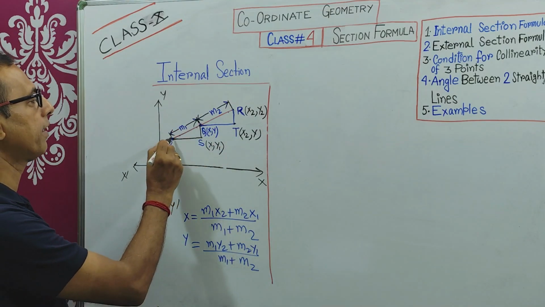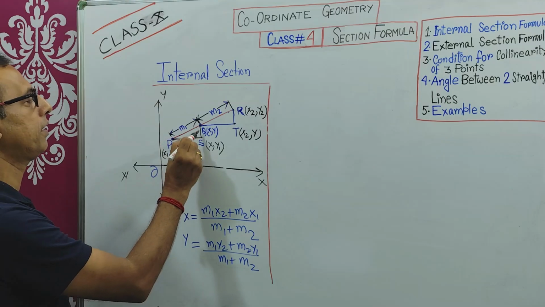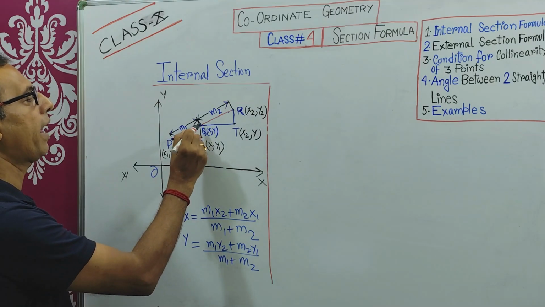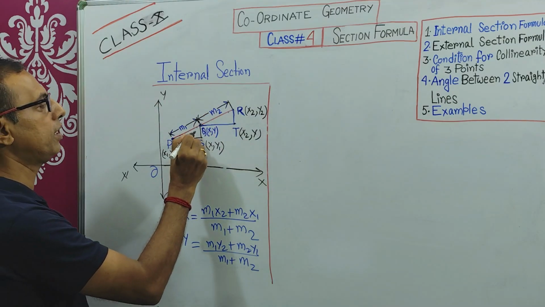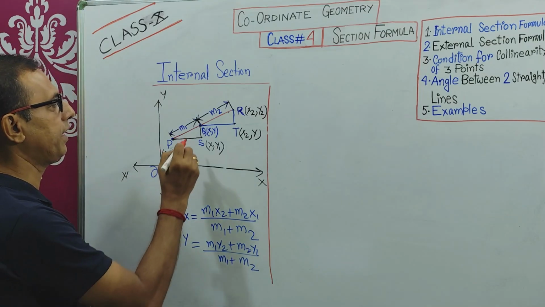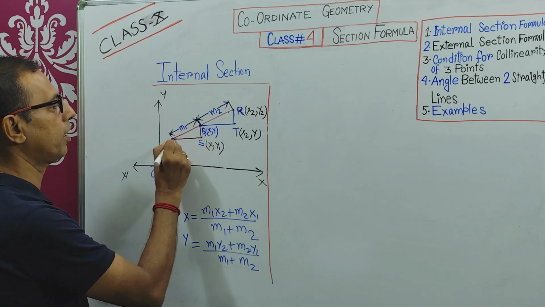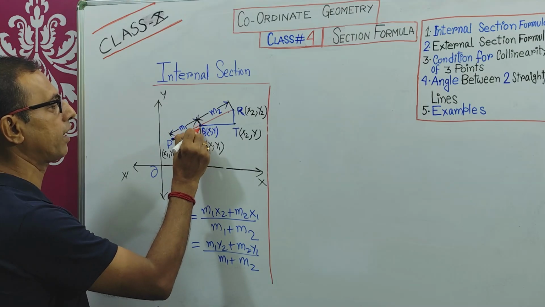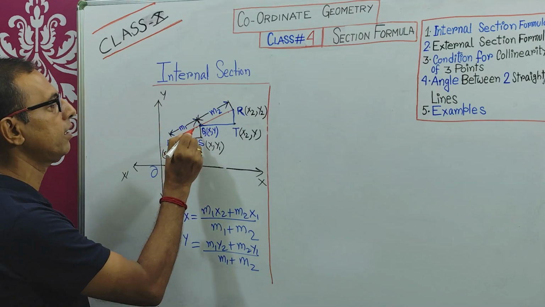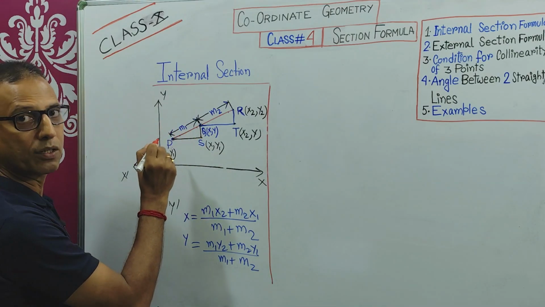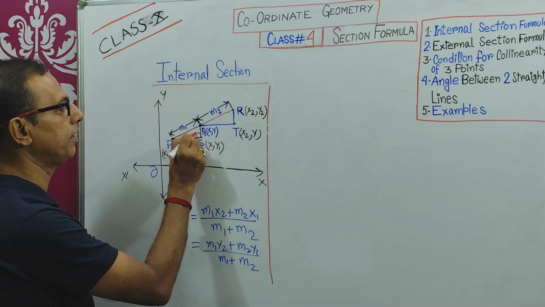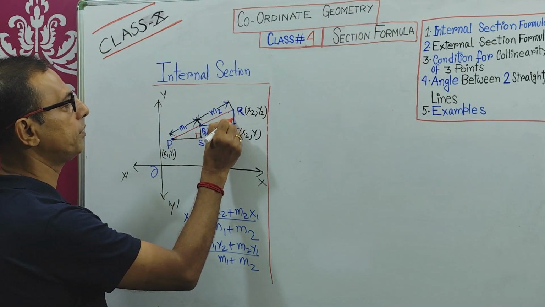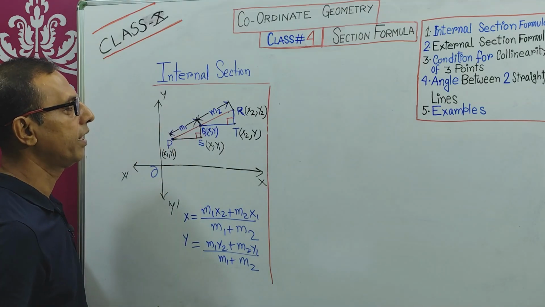Now we will compare these two triangles, PSQ and QTR. Both these angles are 90 degrees, because this is parallel to the x-axis and this is parallel to the y-axis, so it is like the intersecting point of the x and y axes, so it will be 90 degrees, and here also similarly it will be 90 degrees, right?